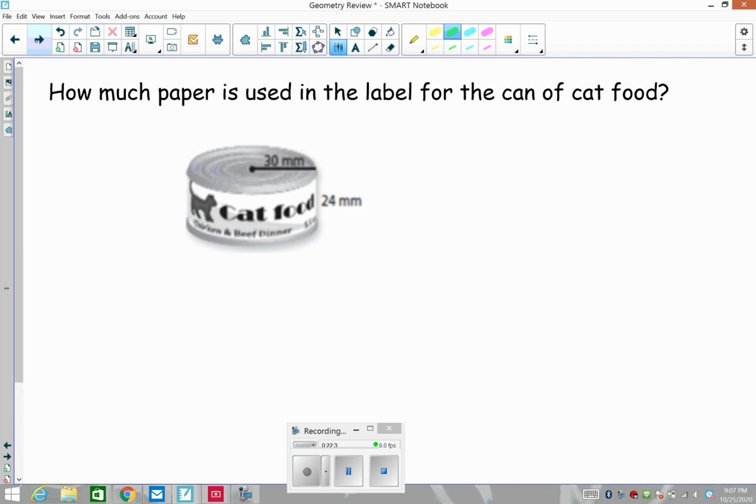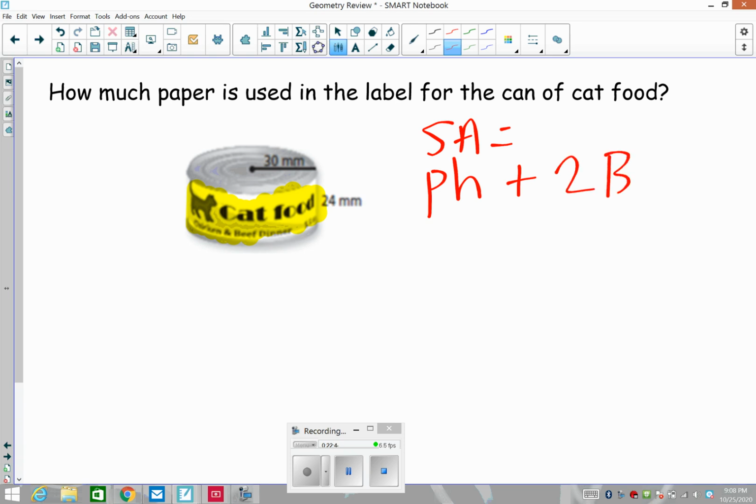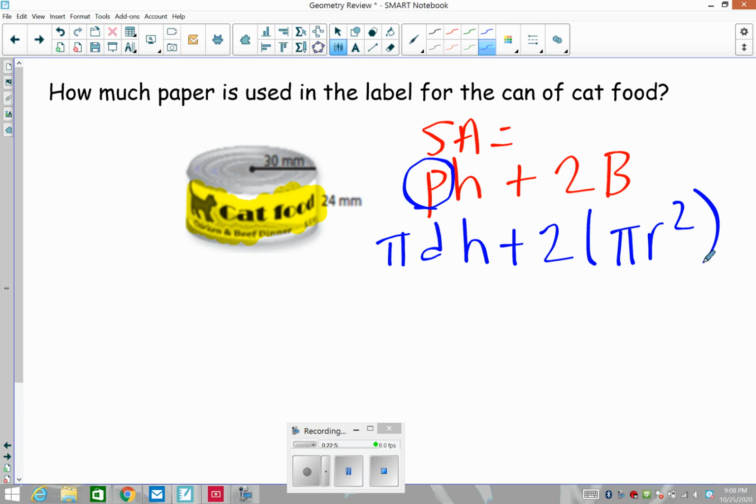So what about a question like this when we're only going to label this piece right here? Let's start with what we just used in the formula. Surface area is the perimeter times the height plus 2 times the area of the bases. So the perimeter is the circumference, pi d, times height plus 2 pi r squared.